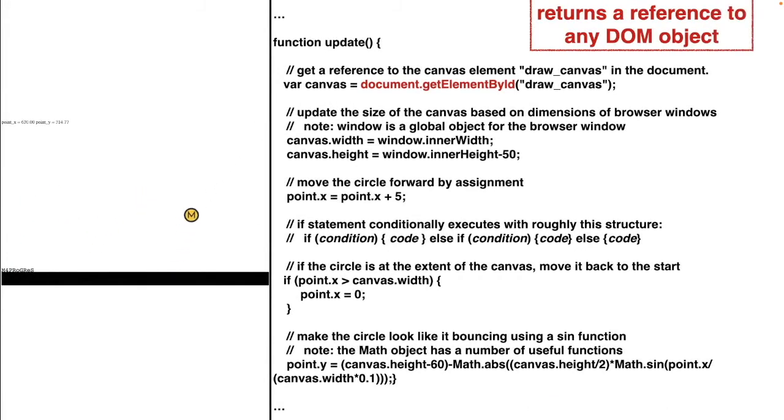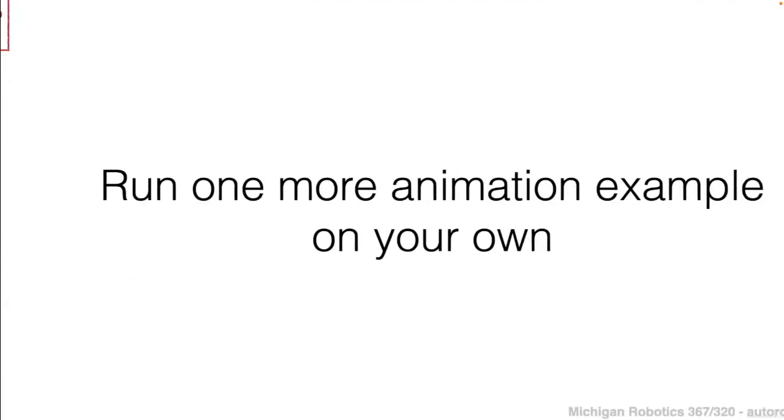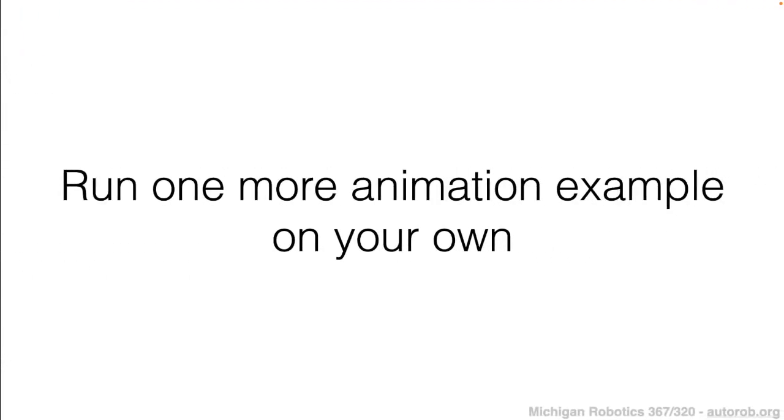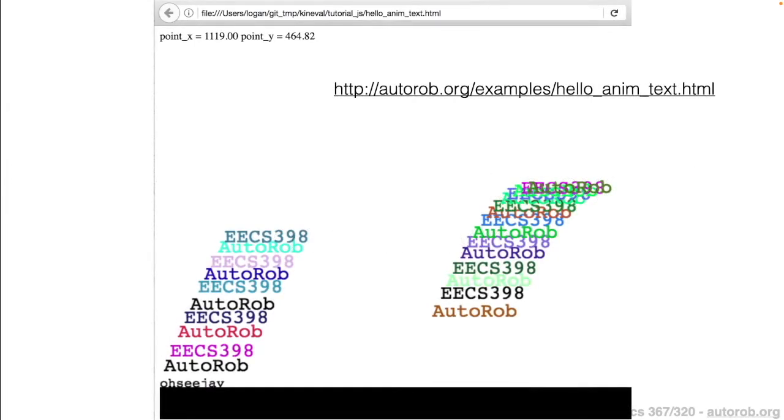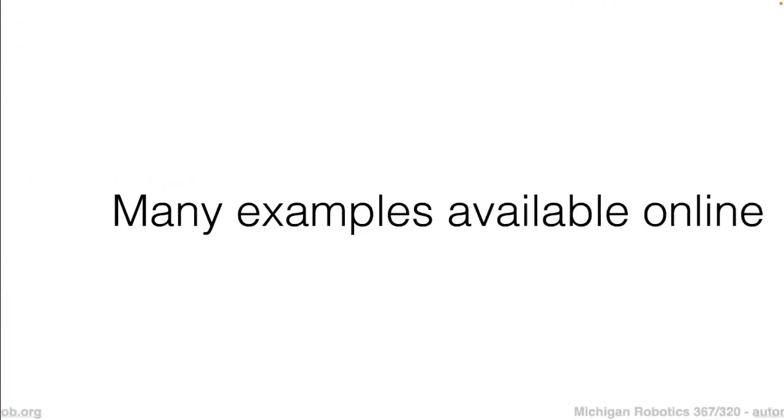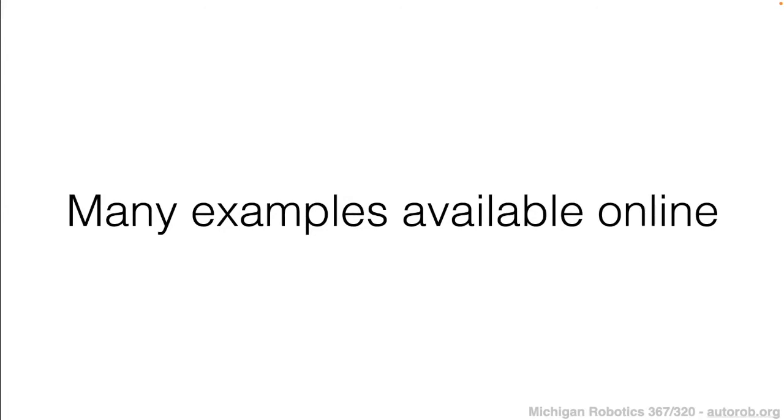The other thing I'll mention on animations is we have a few other examples. There's another, more elaborate example on the home page with animated text that moves throughout the page. If you're interested and excited about animation, this is an interesting one to look at. But there's really no shortage of examples on how to do animations within web development.